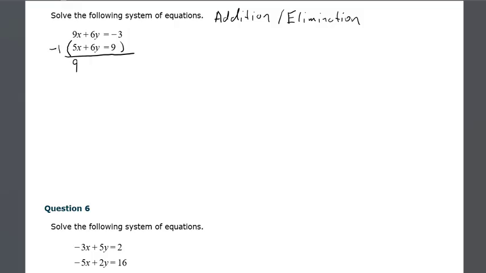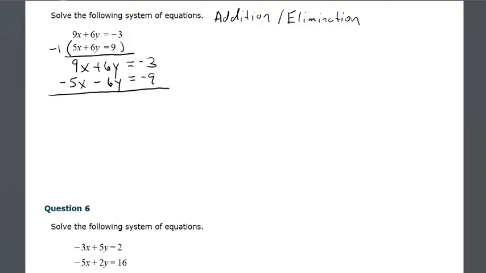Since I didn't make a change to the first equation, that stays the same: 9x plus 6y equals negative 3. Now the second equation I multiply by negative 1, which gives me negative 5x minus 6y equaling negative 9.